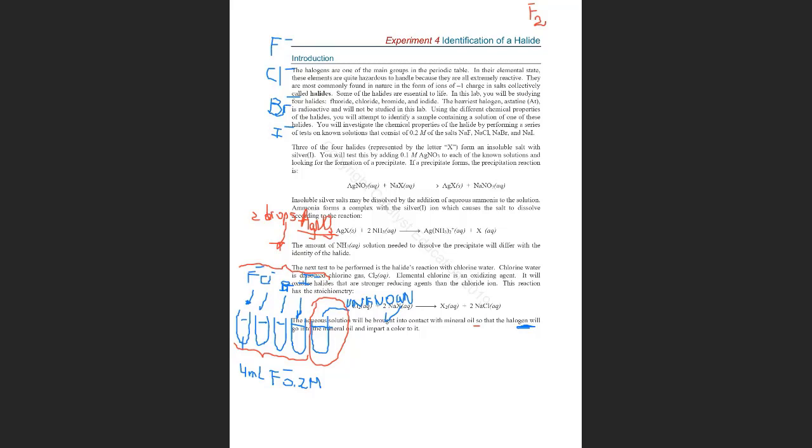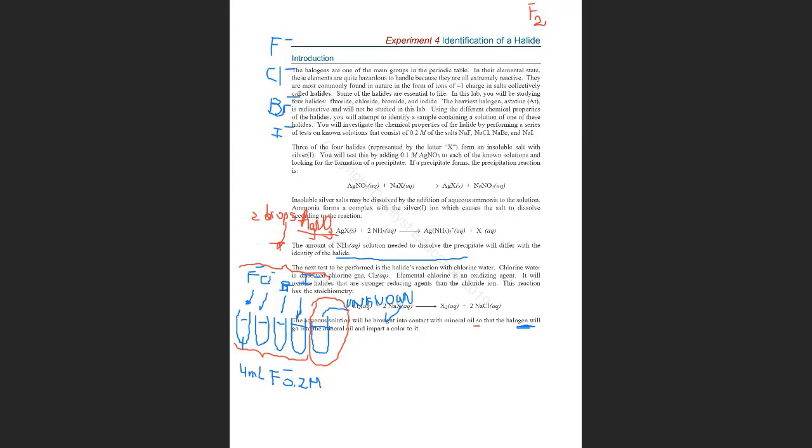X can be fluoride, or X can be chloride. They don't want to write it 4 times, so they write an X. And it says here, 3 of the 4 halides form an insoluble salt with silver.